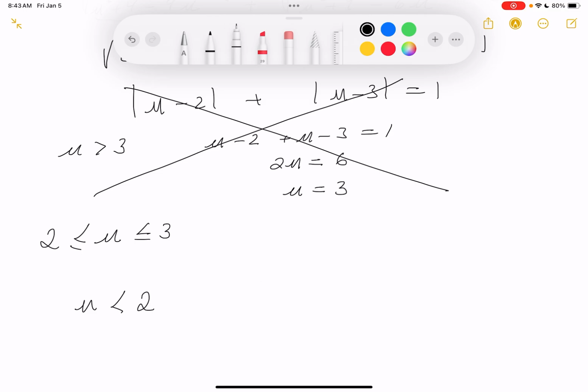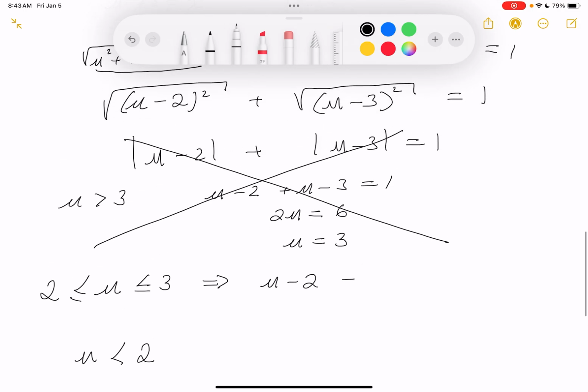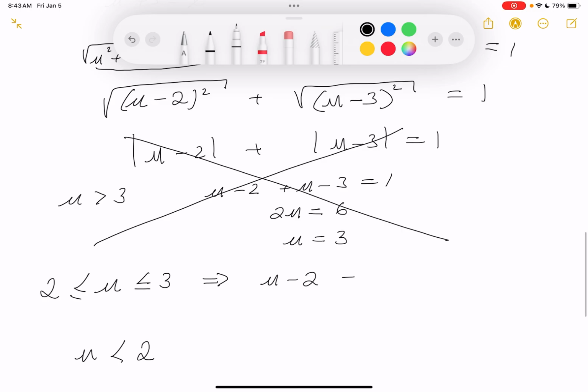Let's write this one down. And what's that going to look like? Let's see. If I'm between 2 and 3, I'm going to get u minus 2 minus the u and then a plus 3 is equal to 1.